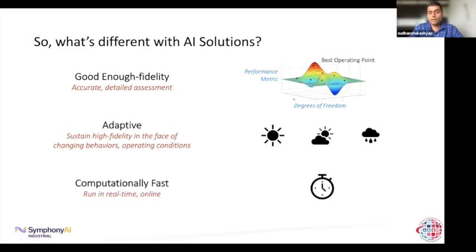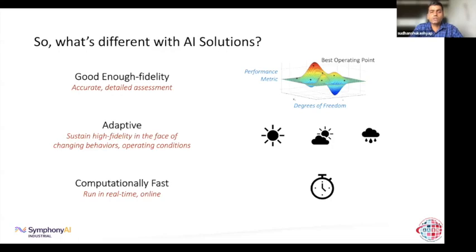And they are computationally fast, so it's relative. Now we have a lot of compute available, and we have GPUs, and now TPUs are coming. So these are facilitating even very complex calculations to be done very quickly in real time, and we could get inferences and insights very quickly.